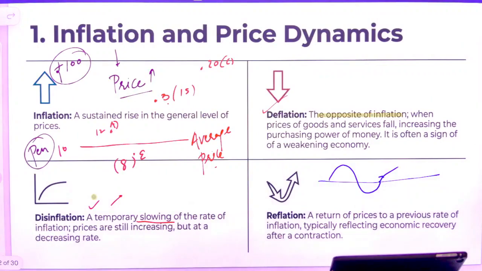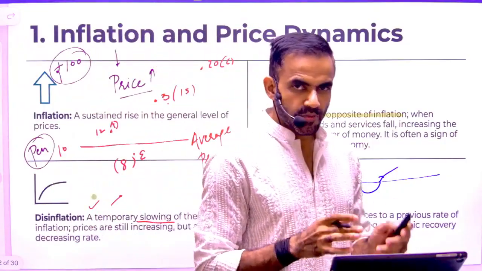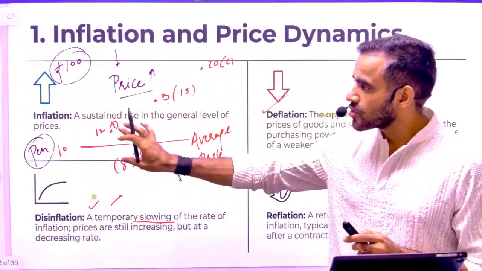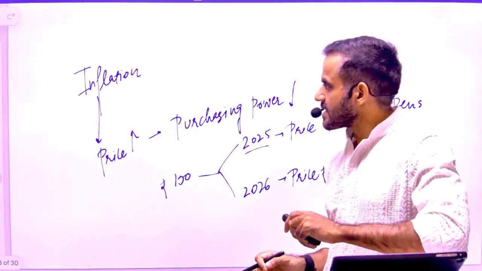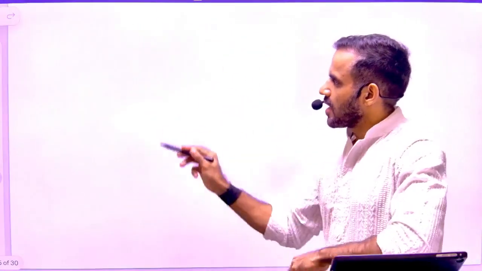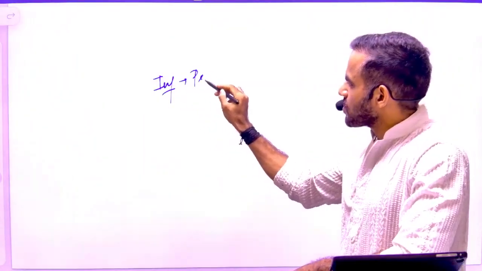If you understand them, technically over a period of time they will be interconnected, and whenever you notice that RBI is changing the money supply, more or less the intention is to control this part only. Now let's revise this entire thing. So what was inflation? Inflation, in a very simple sense, means price has gone up.